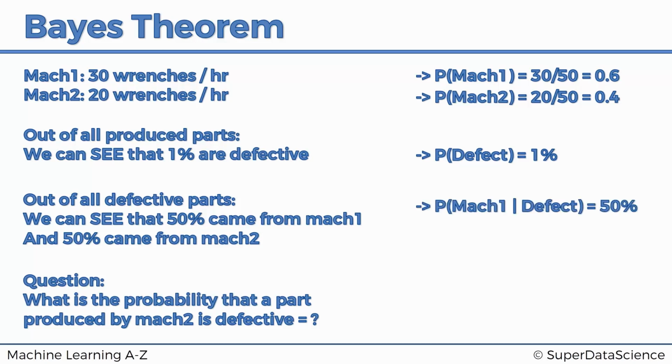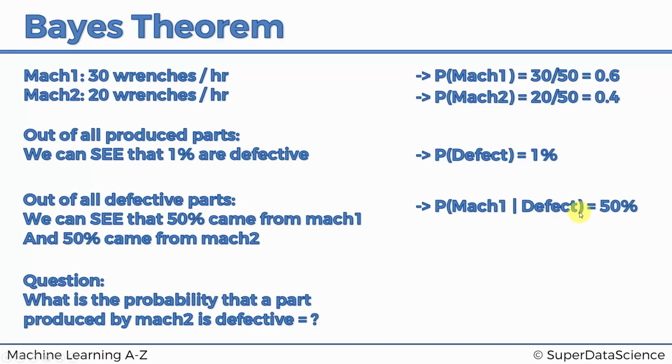P of machine 1 vertical line defect equals 50%. So the vertical line in mathematical terms means given. Here you can see P of machine 1 means the likelihood or probability of a part coming from machine 1. Here it's the same thing, but given some condition. So this is the likelihood of a part coming from machine 1 given the condition that that part is defective.